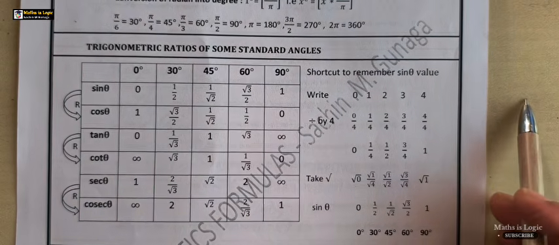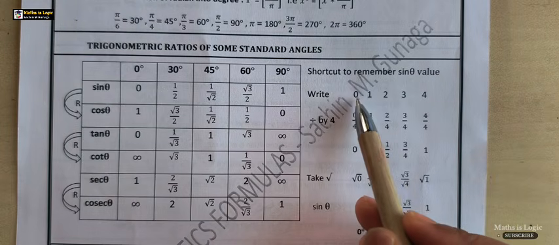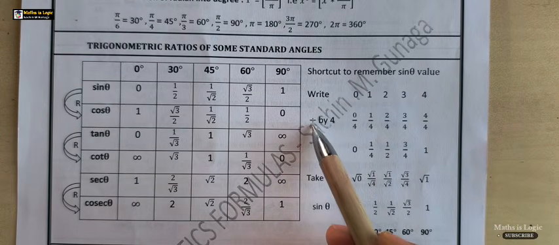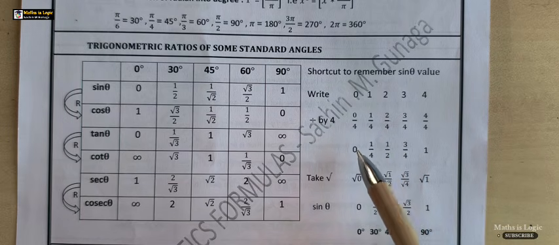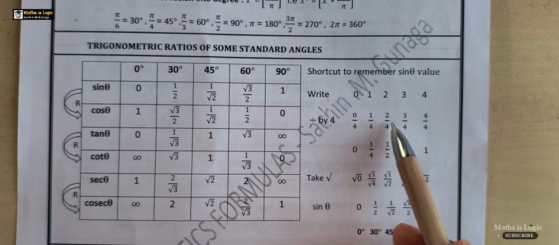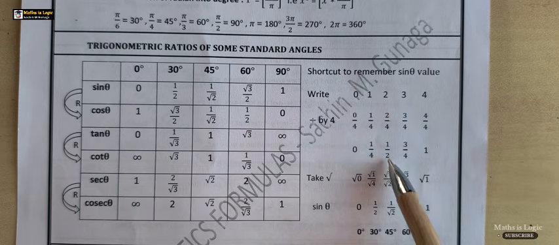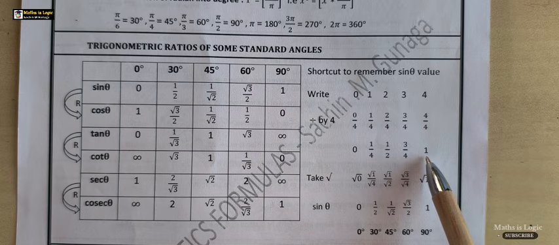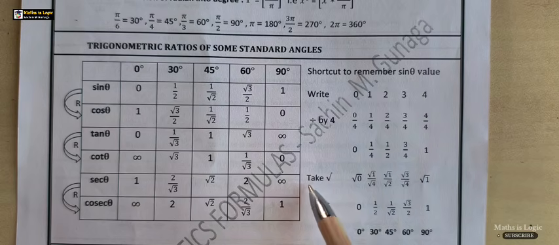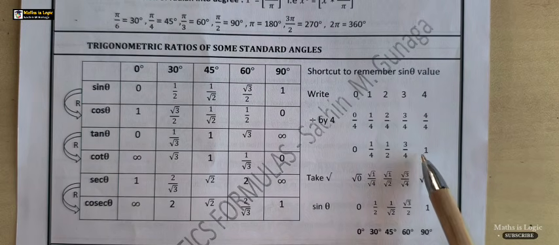So to remember this table, first write 0 to 4 numbers. Next divide every number by 4. 0 divided by 4 is 0, 1 by 4 keep it as it is, 2 by 4 cancel, it becomes 1 by 2, 3 by 4 keep it as it is, 4 by 4 cancel, we will get 1. After this, take a square root for all the numbers.